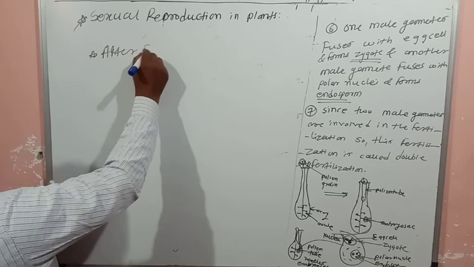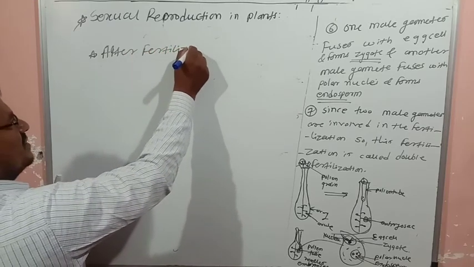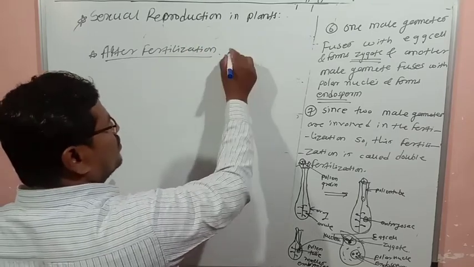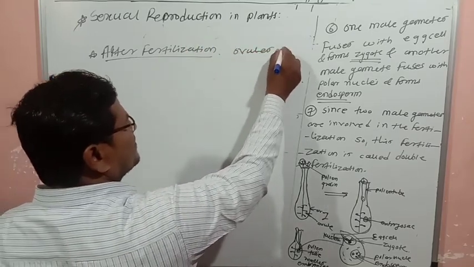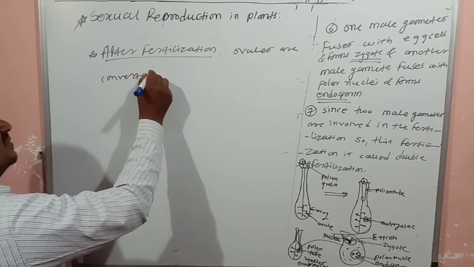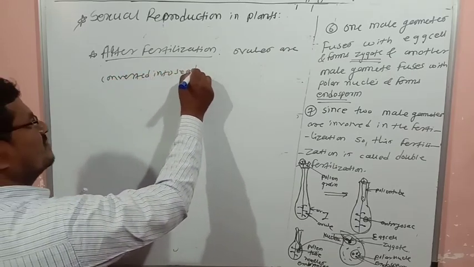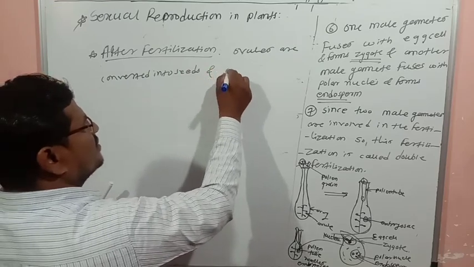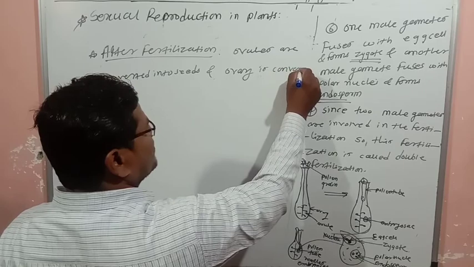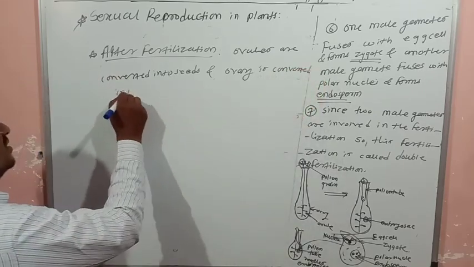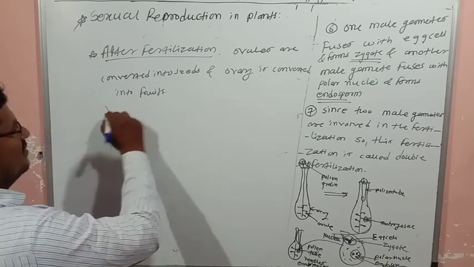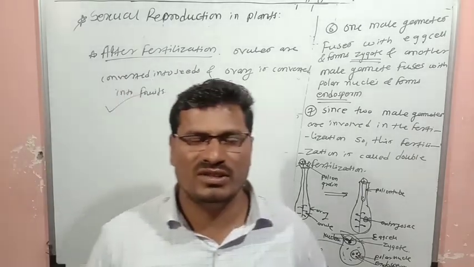After fertilization, ovules are converted into seeds, and the ovary is converted into fruits. Okay, so the remaining part we'll see in the next video.